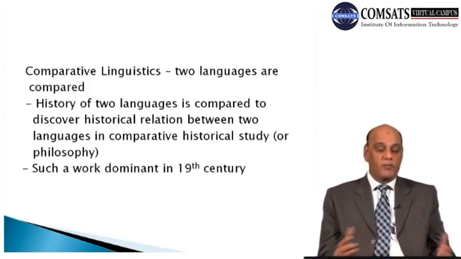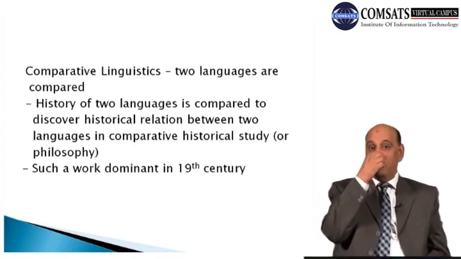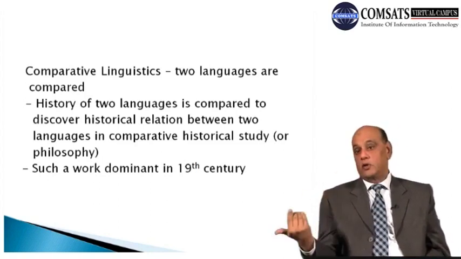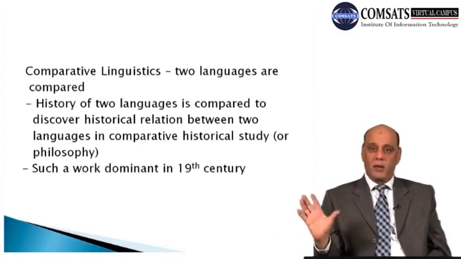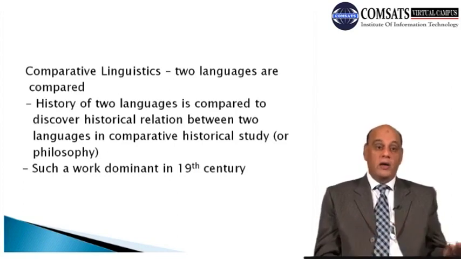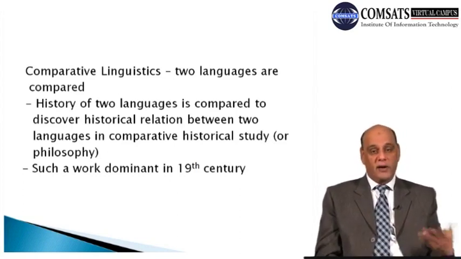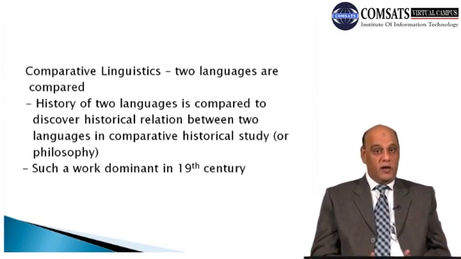So you're comparing the changes, you're comparing the development, how English and Urdu have developed over a period of time, what was the origin of English and what was the origin of Urdu, and how Urdu came into being by maybe a mixture of different languages, and how English was impacted by Latin and French and different other languages. So you are basically talking about the historic development or the changes over the course of time.